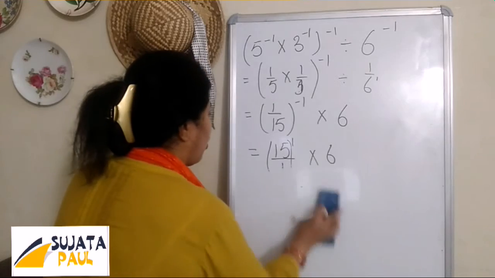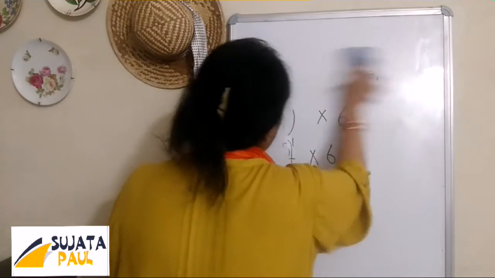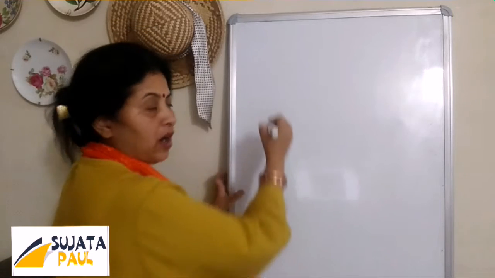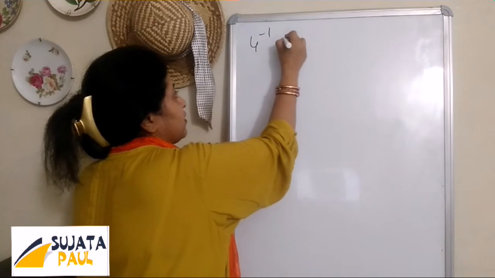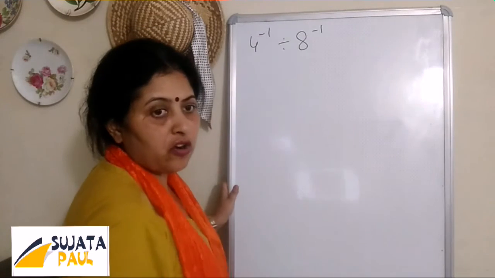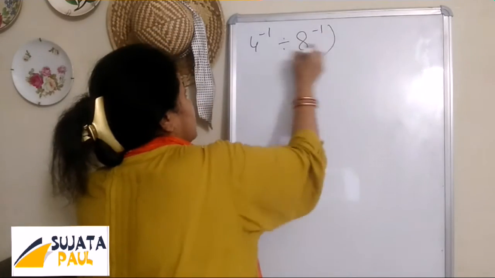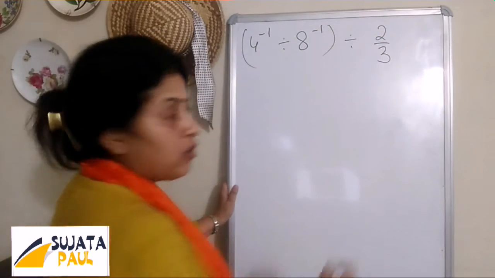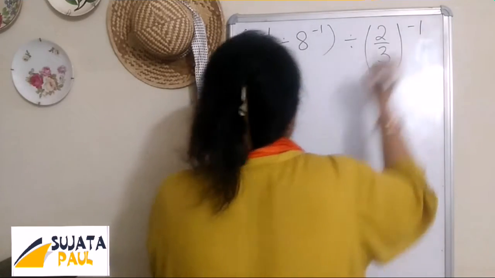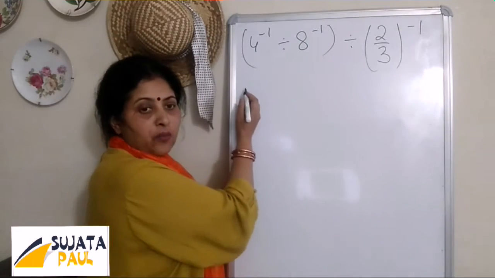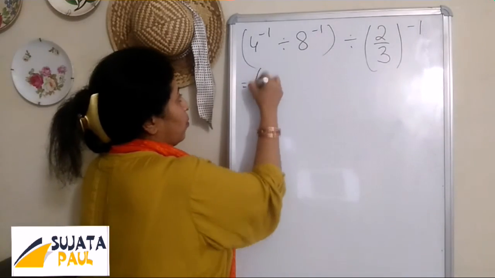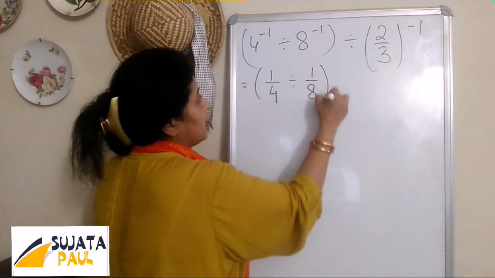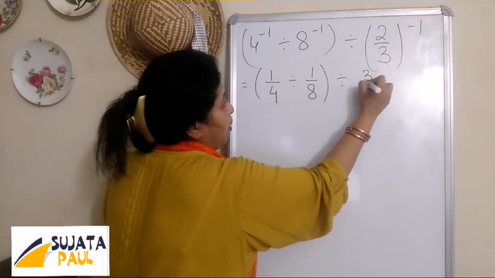I'll take up one more problem from your books, and that is 4 raised to the power of minus 1 divided by 8 raised to the power of minus 1, and this whole thing is divided by 2 upon 3 raised to the power minus 1. This will now be written as 1 upon 4 divided by 1 upon 8 divided by 3 upon 2.